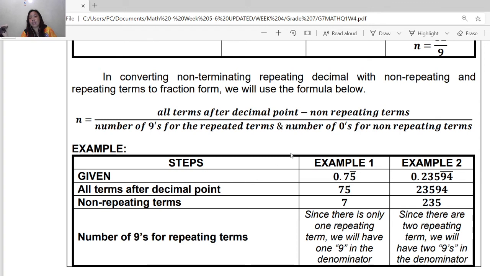And the non-repeating term there is 7. Since there is only one repeating term, you have to write only one 9.